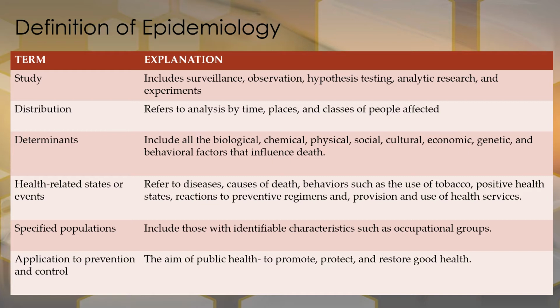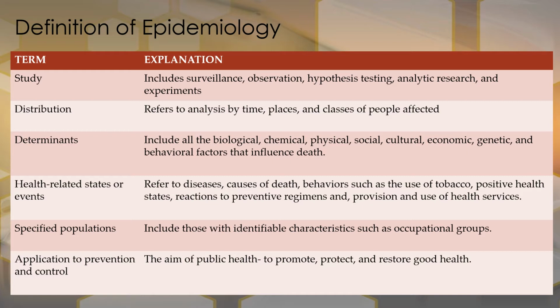We also have the term determinants. This includes all the biological, chemical, physical, social, cultural, economic, genetic, and behavioral factors that influence health. For example, does a specific gender predispose a person to specific health problems?